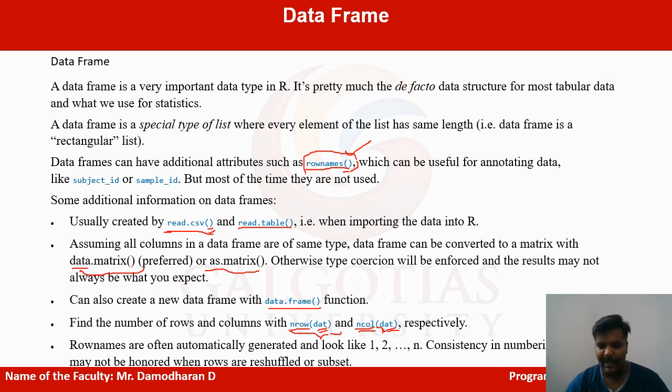Suppose we mention row 5 and column 6, the data in the fifth row, sixth column will be printed here. Okay, suppose we have to rename a column, we will also use the rename function.